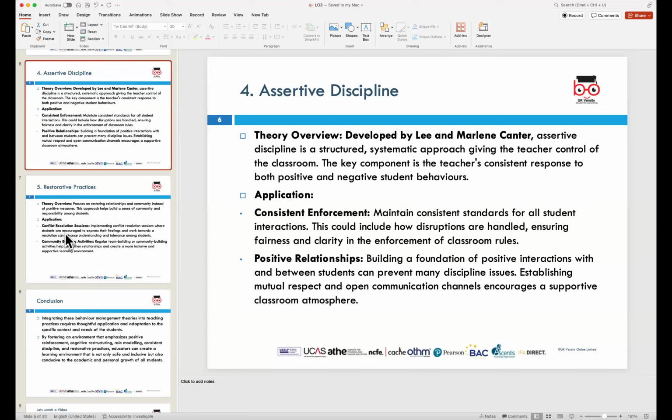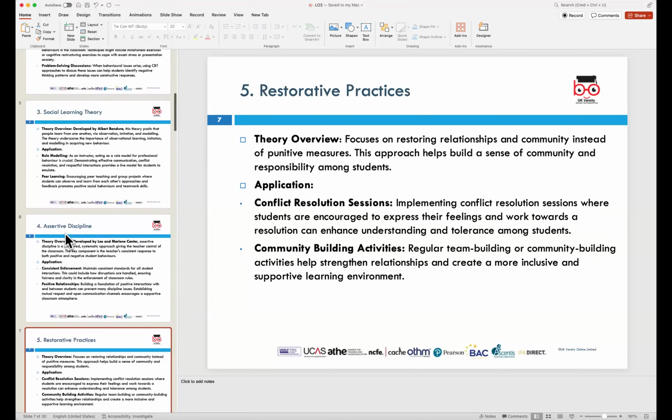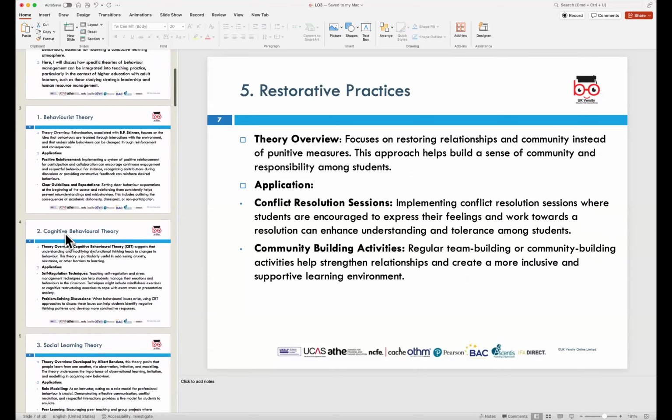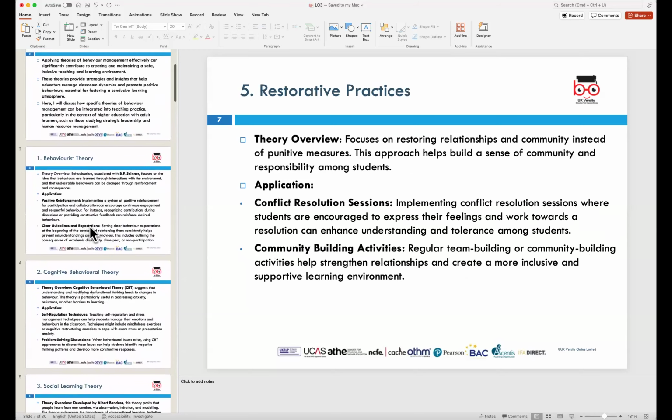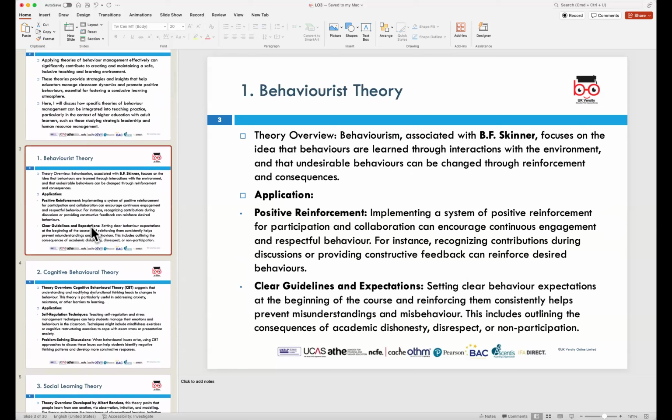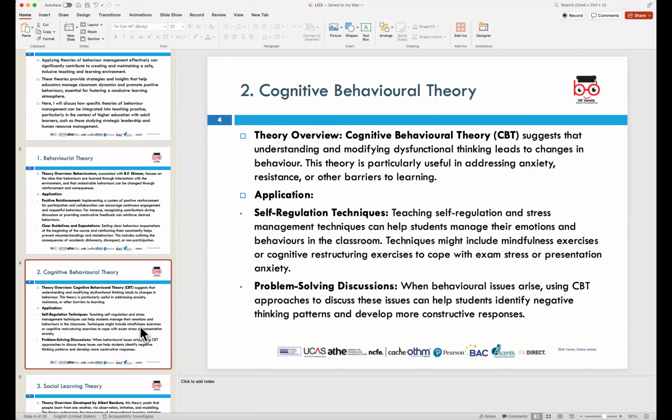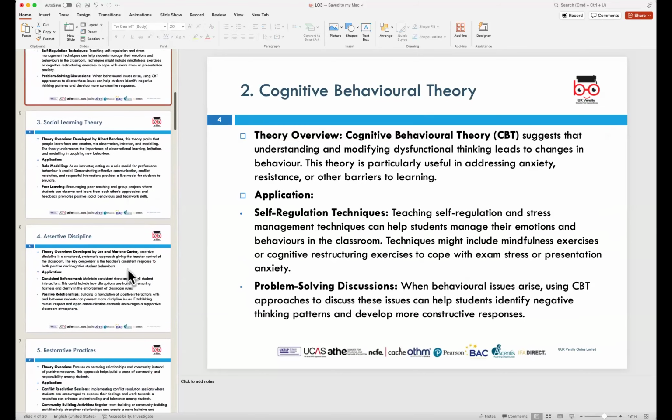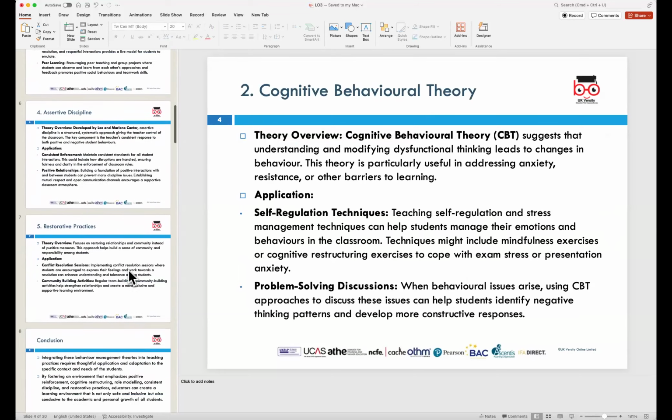But out of these, we want to talk about the key 4 or 5 theories which would help us in managing behavior and looking at better classroom management. And that is where I would say these theories would be important, rather than looking at all of them in this particular context.